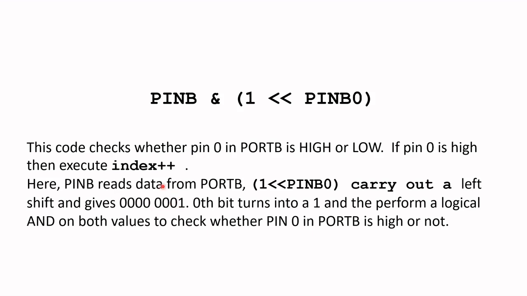Now, remember, it starts off with 0. I initialize it to 0. And the 0 bit turns into a 1, and this here will perform a logical AND on both this value and this value to check whether pin 0 of port B is high or not.